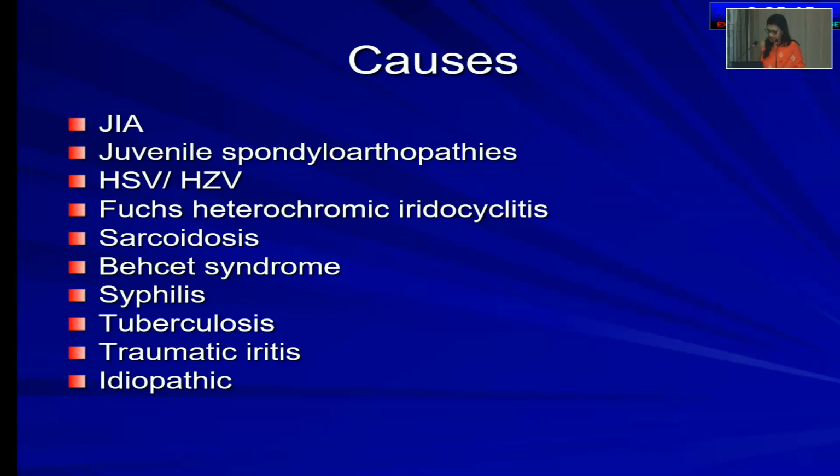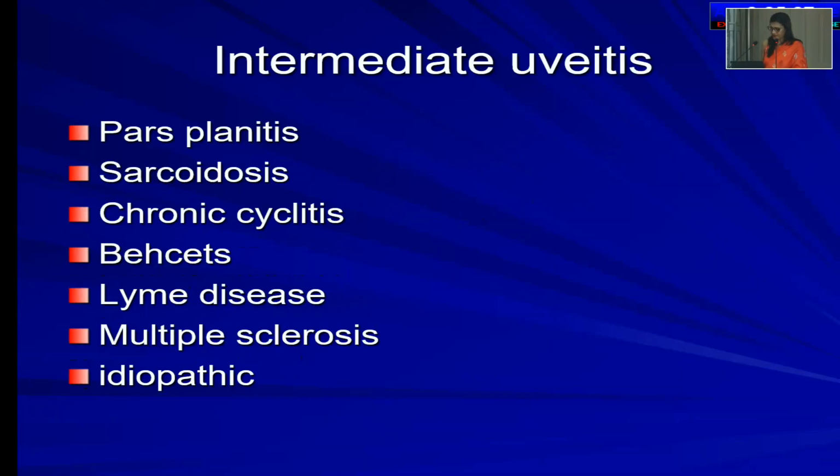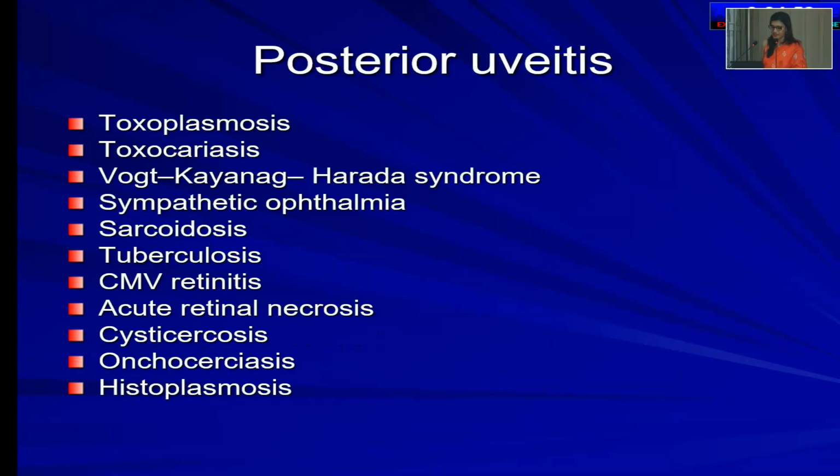The causes are JIA, juvenile spondyloarthropathies, HSV, Fuchs, sarcoid, in no particular order. Intermediate uveitis can be idiopathic as in pars planitis or associated with sarcoid, Behçet's, Lyme disease, multiple sclerosis. Posterior uveitis: infective and non-infective entities just like in adults.